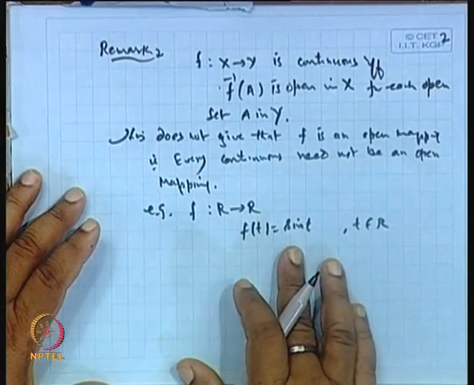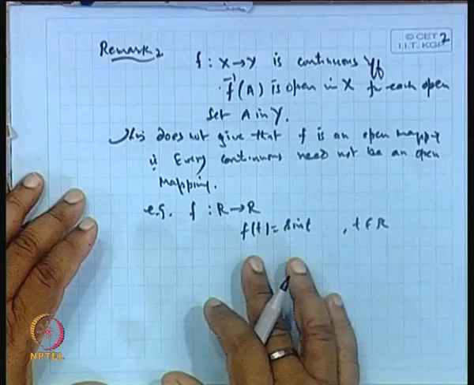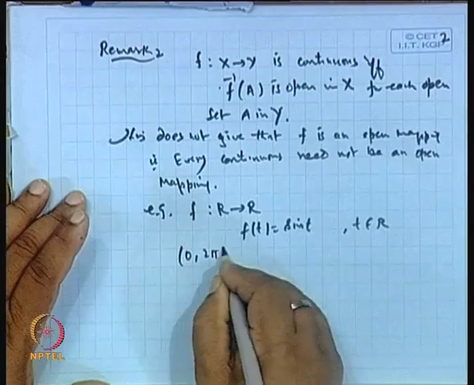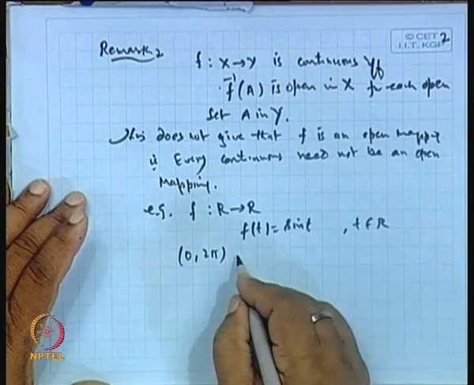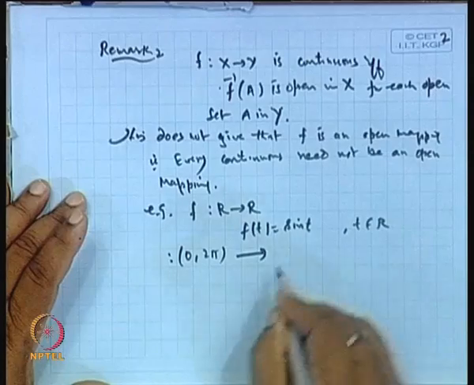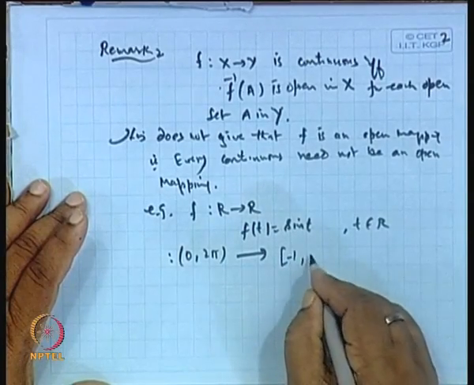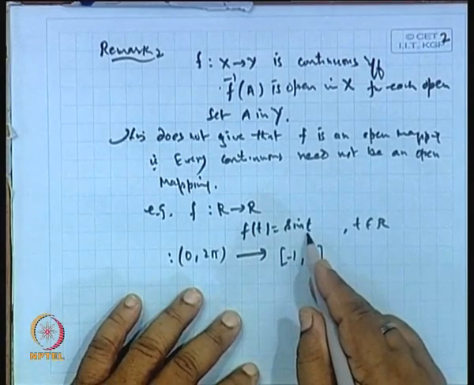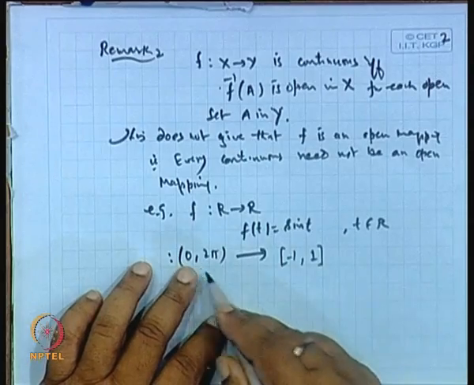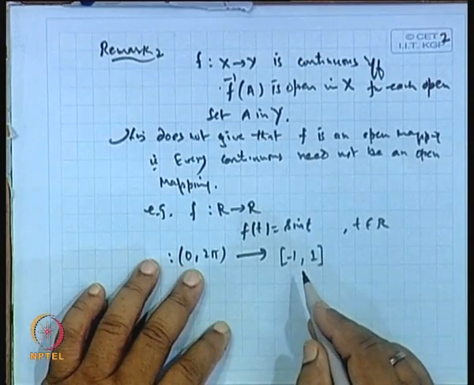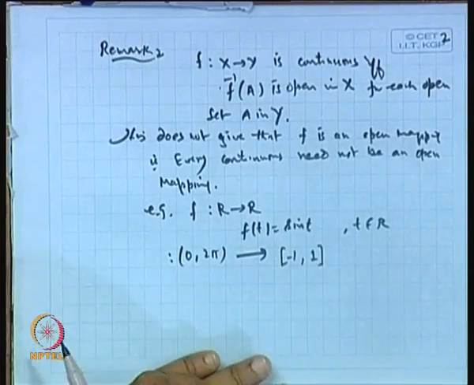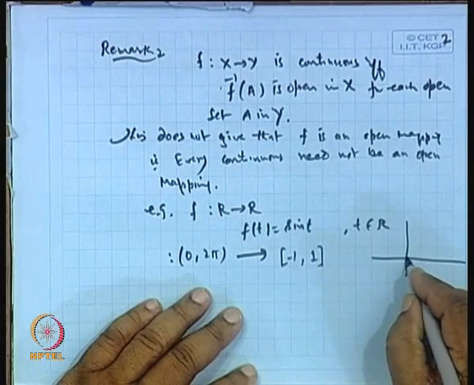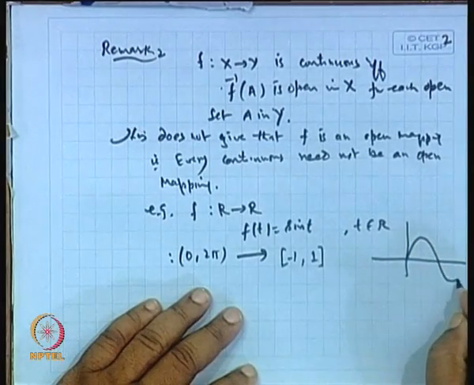Now, when we take the image of 0 to 2 pi under this mapping, it is transferred into the set minus 1 to 1 under sin t, because sin pi by 2 is 1 and sin 3 pi by 2 is minus 1. This is a sine curve: sin 0 is 0, sin pi, sin 2 pi.